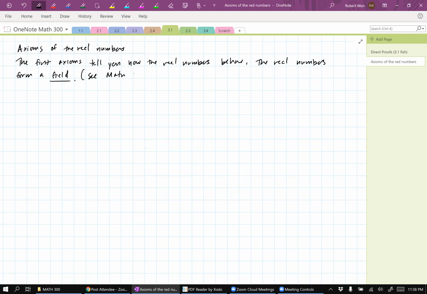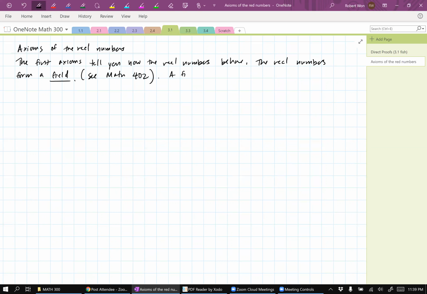This is like Introduction to Abstract Algebra. But for now, all you need to know is that a field is just some set of objects in which there's some addition operation and some multiplication operation, which satisfy a bunch of properties.